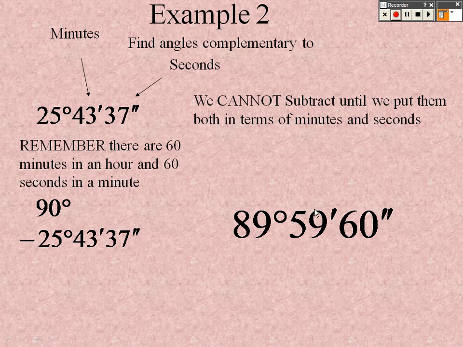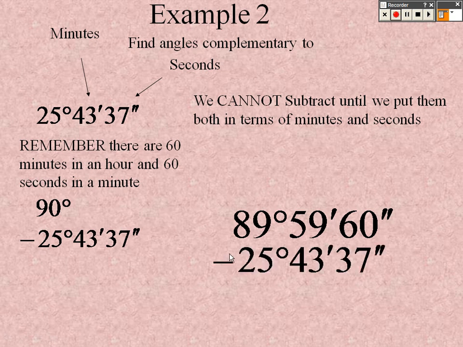That's why it's 89, 59, 60. If I added these backwards, notice how I would get 90, right? If I take that 1 minute and put it here, that would give me 60 minutes. If I take those minutes and add that to hours, that would give me 90 degrees or hours. Okay, so that's why it's 89, 59, and 60.